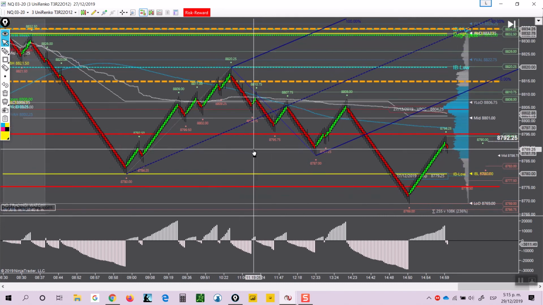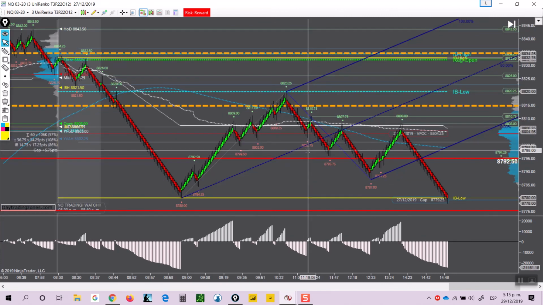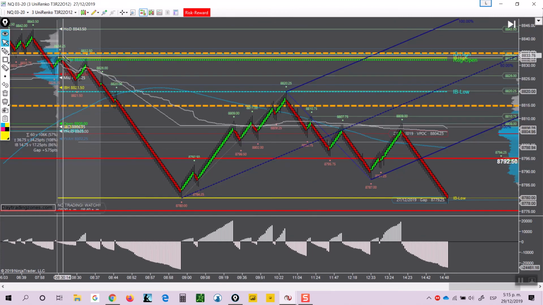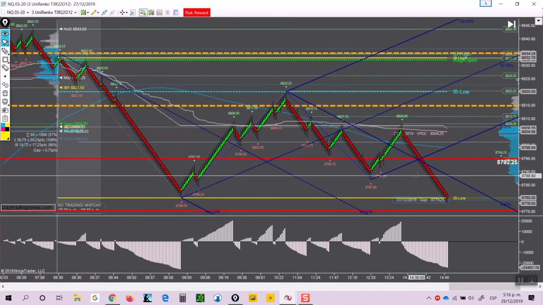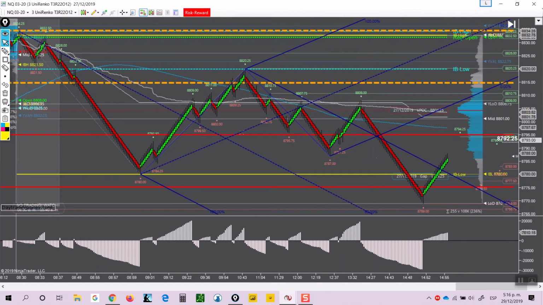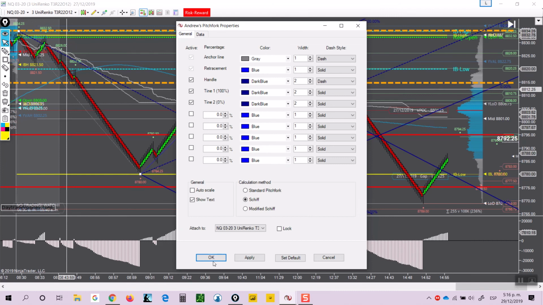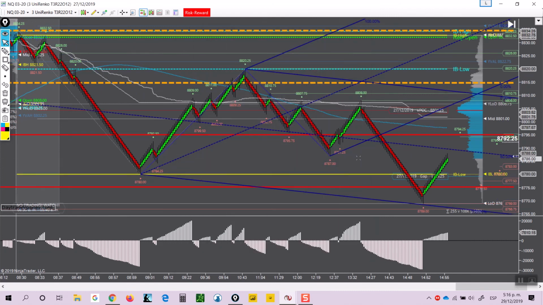But anyway, we also have this pitchfork possible to draw here from this high to this low to this high. And here I'm going to turn this into a shift. Take a look at that. It moved from this high to the mid.